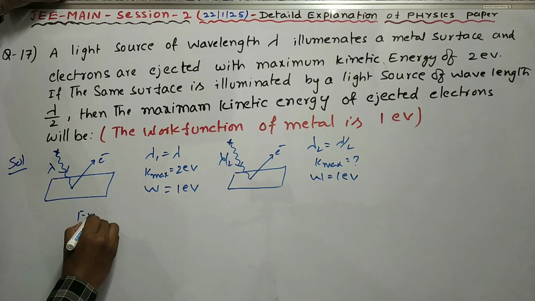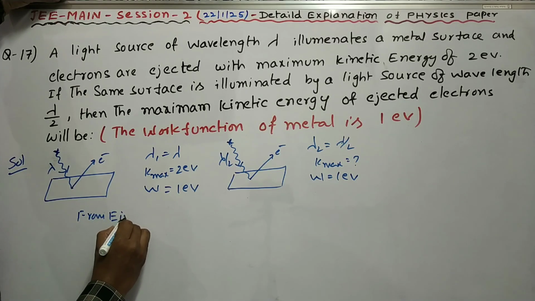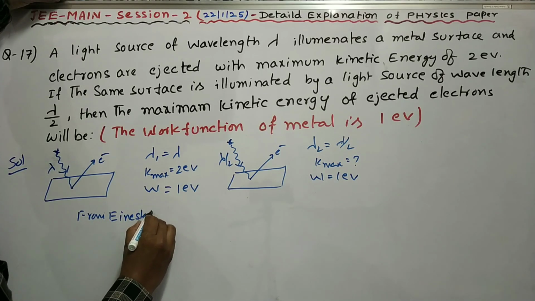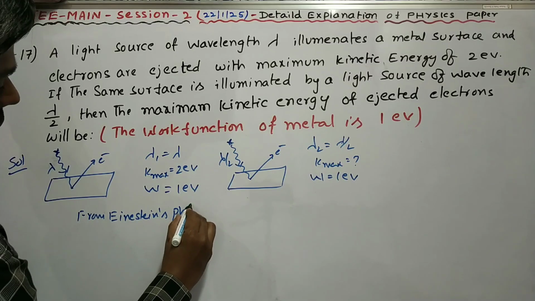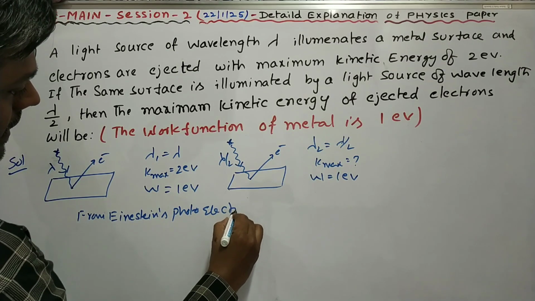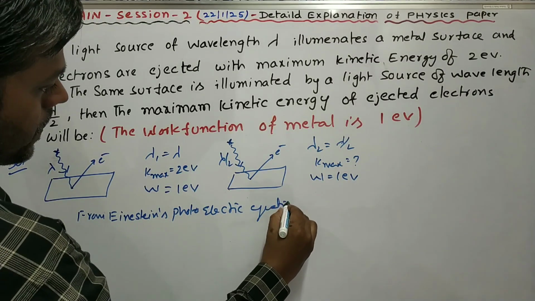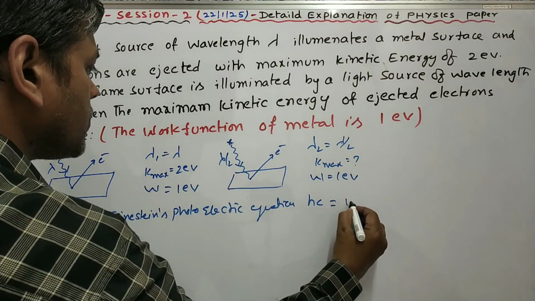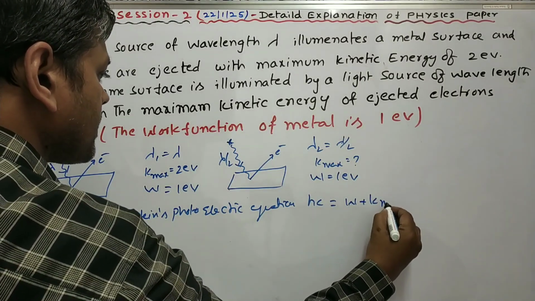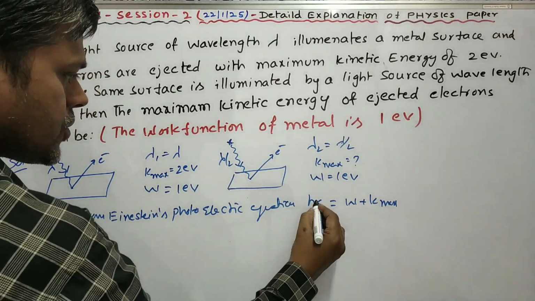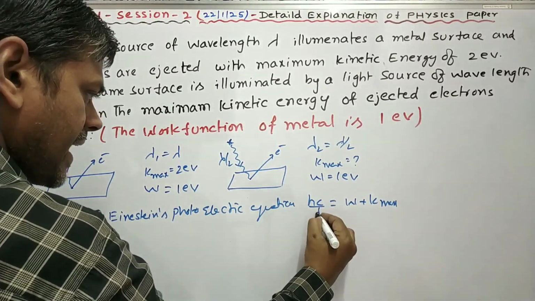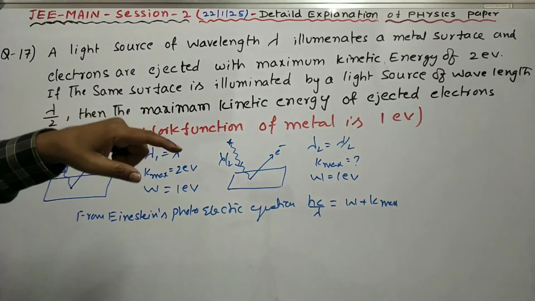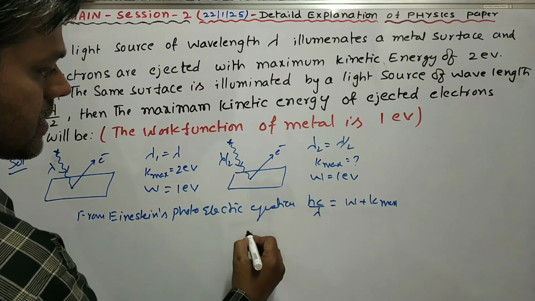So from Einstein's photoelectric equation, what is that? hc by lambda, that is h nu, is equal to work function plus Kmax.